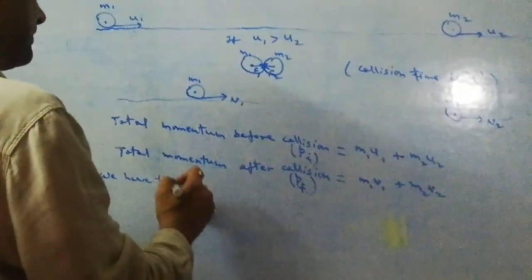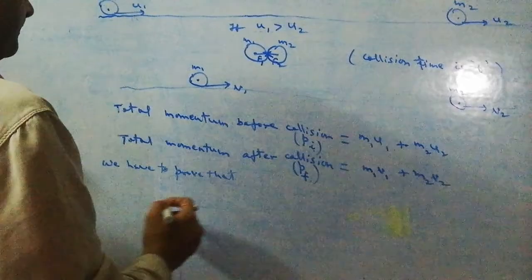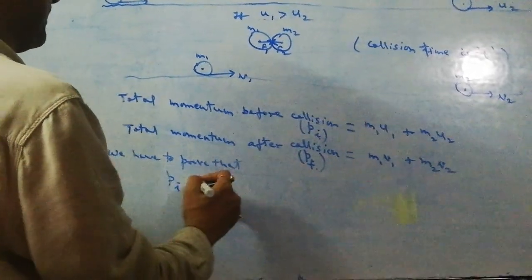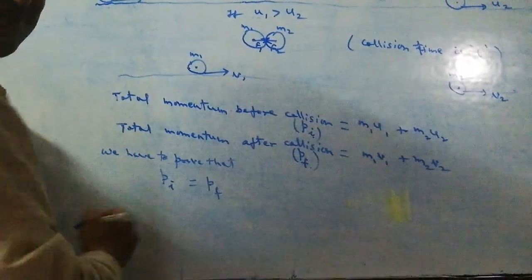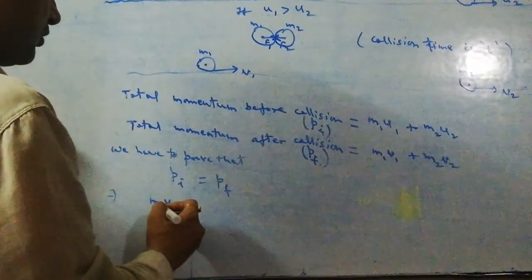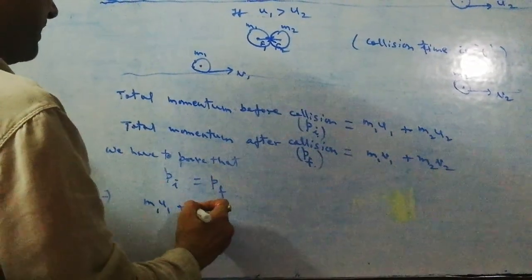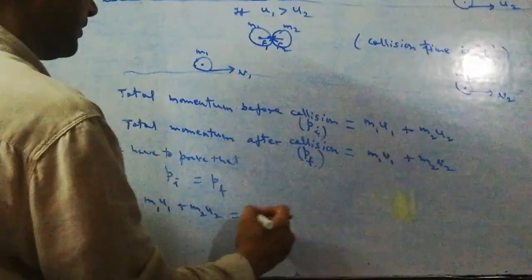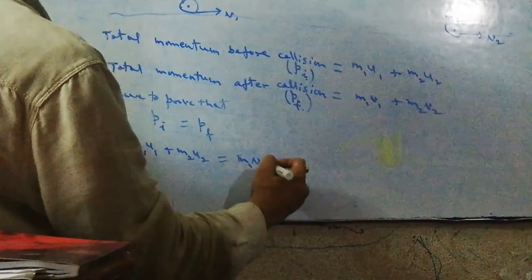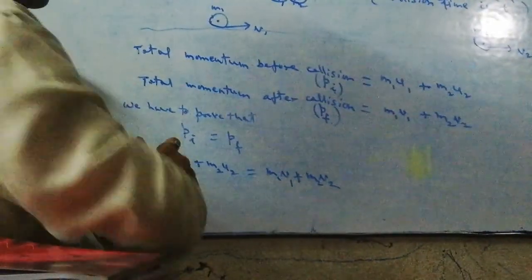We have to prove that pi is equal to pf, or m1 u1 plus m2 u2 is equal to m1 v1 plus m2 v2. This we have to prove.